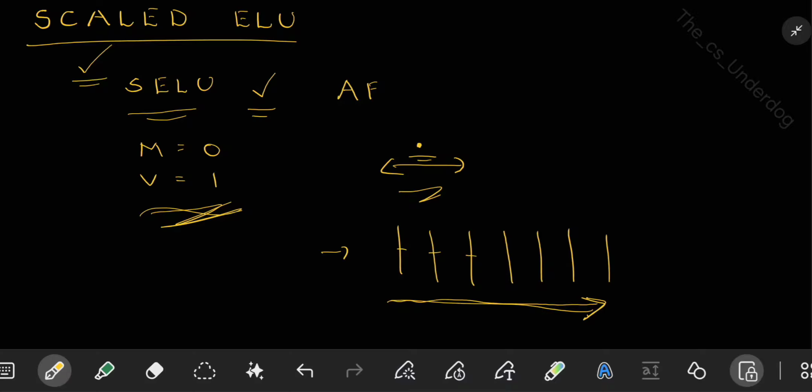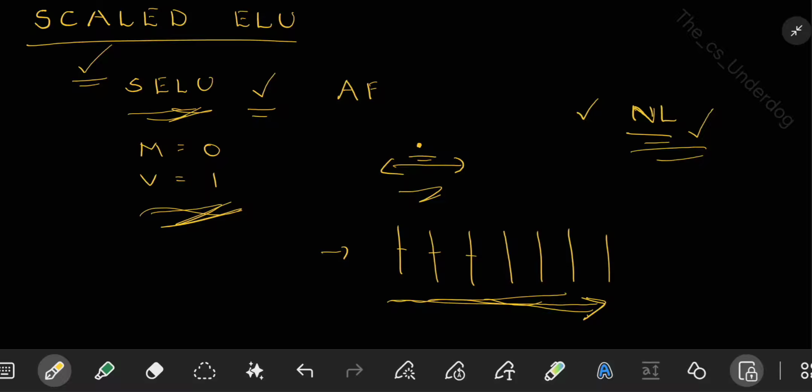So keep in mind, SELU is not just about normalization. The main purpose is to introduce non-linearity. For any activation function, we know that the main purpose is to introduce non-linearity into the neural network. Coming to SELU, it additionally provides the functionality that it will keep your neural network always normalized. This is why it is self-normalizing.